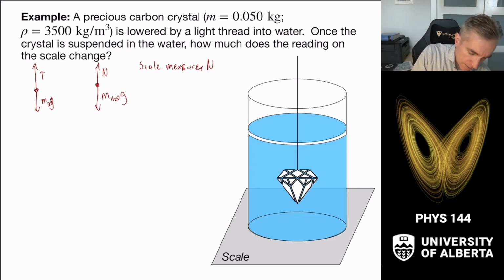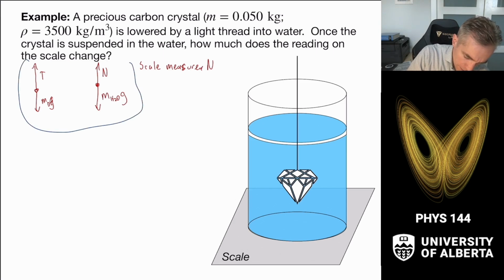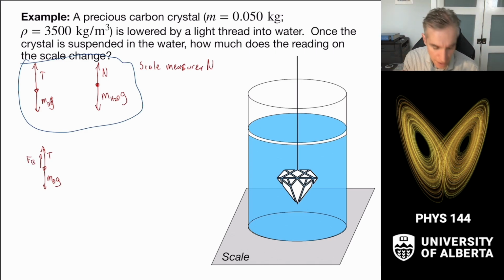Okay. So when we stick this in here, we actually have to combine these two. If we consider this whole thing as a system, when we stick the water in there, our free body diagram, you'll remember, changed to T, m_D g, and this tension force was reduced because there came to be a buoyancy force. But overall, nothing in the system changes.